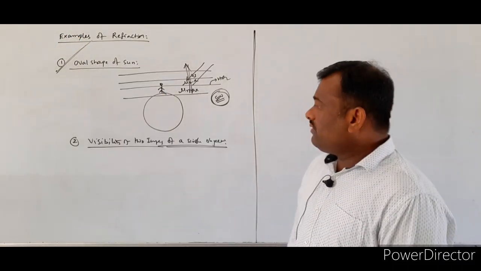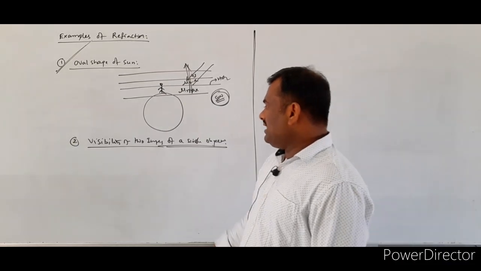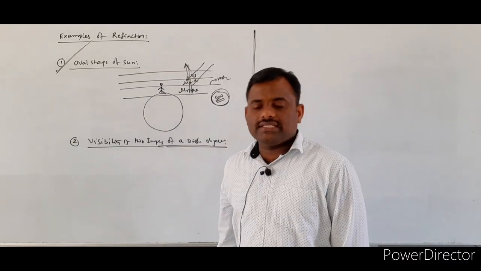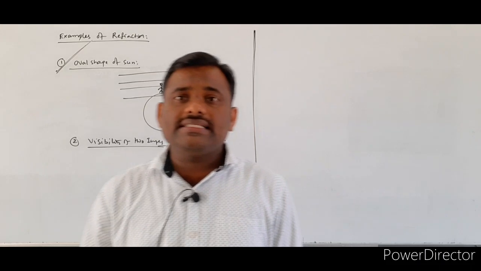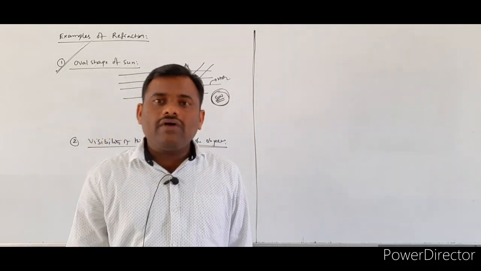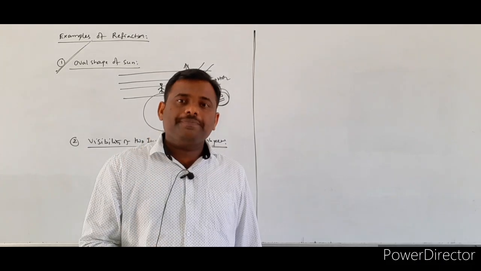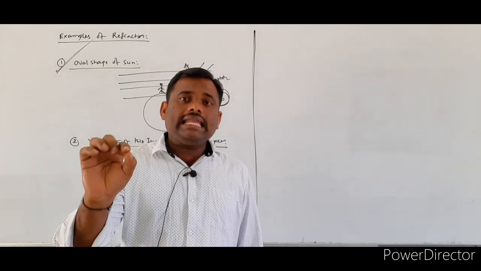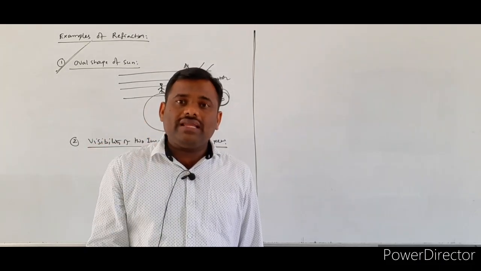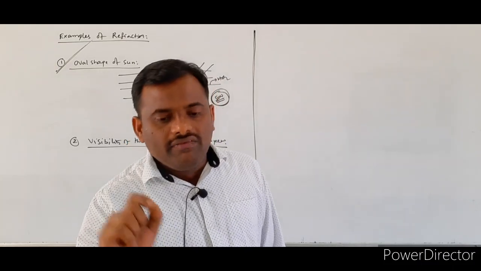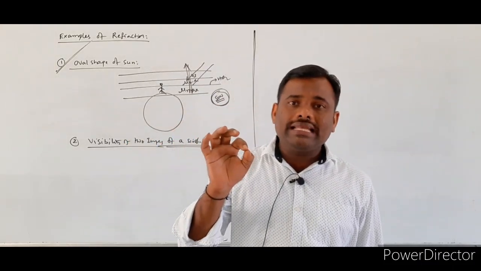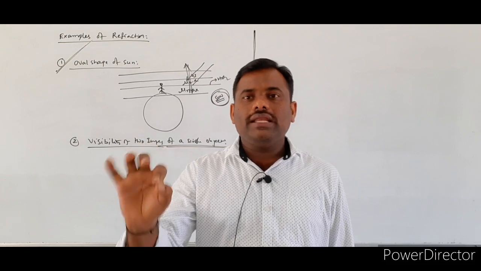So what? Visibility of two images of a single object. How is it possible? See, whenever a refracted light ray enters your human eye, that gives one image.